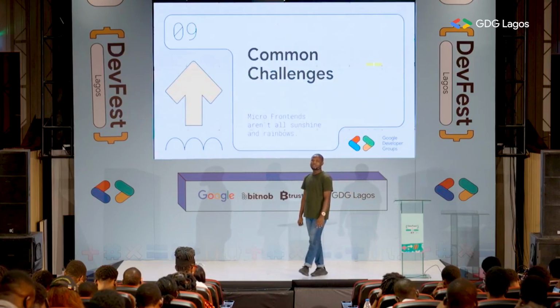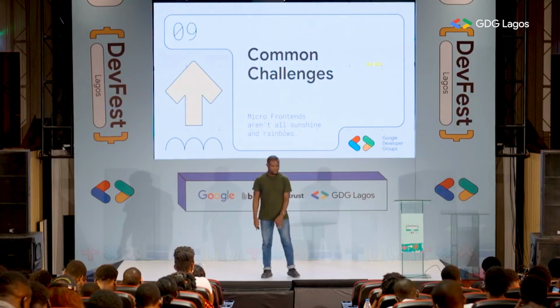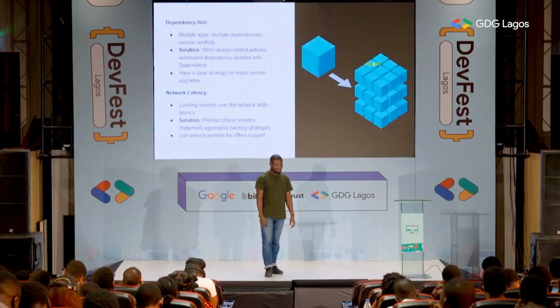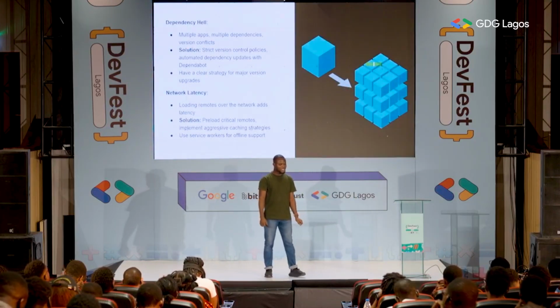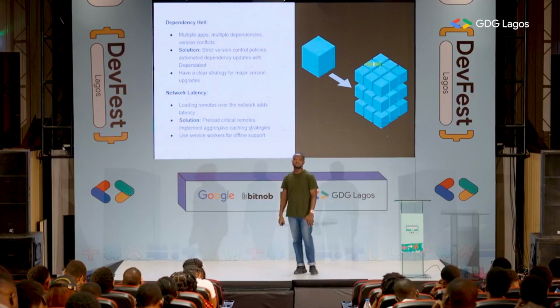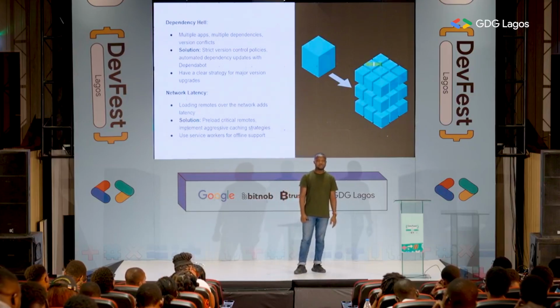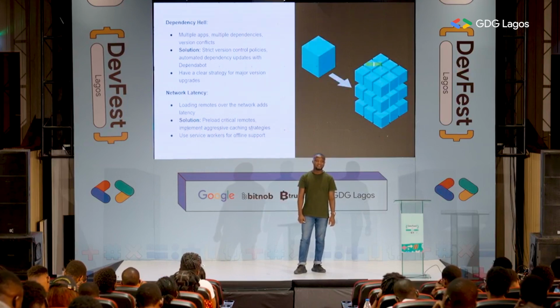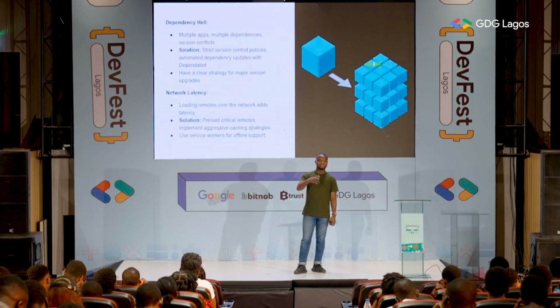So when you are working on micro frontend, what are the common challenges? So we can have dependency hell. When we talk about dependency hell, that means there's a case where you have a node version and then you need to install another package, and then there is conflict within those different versions of different dependencies.